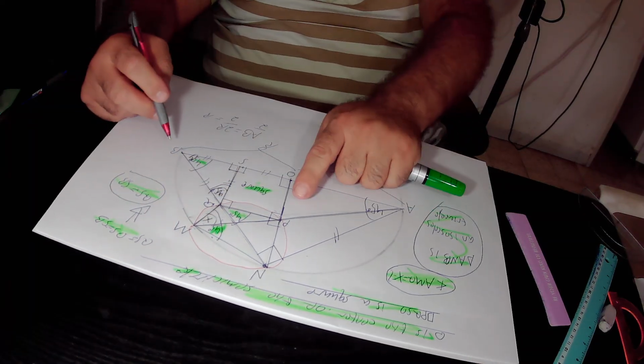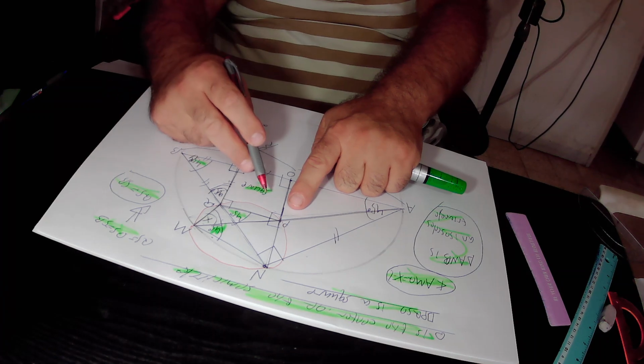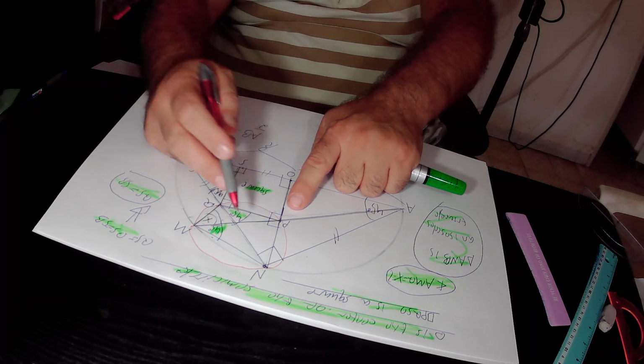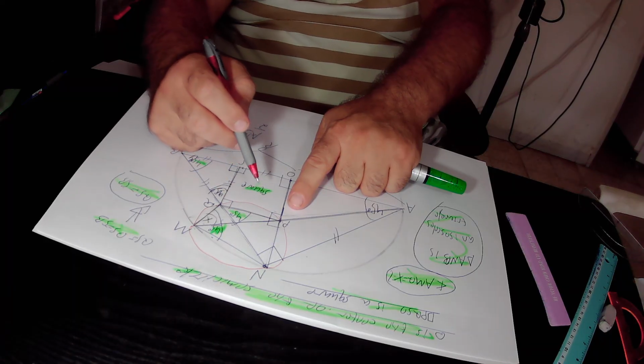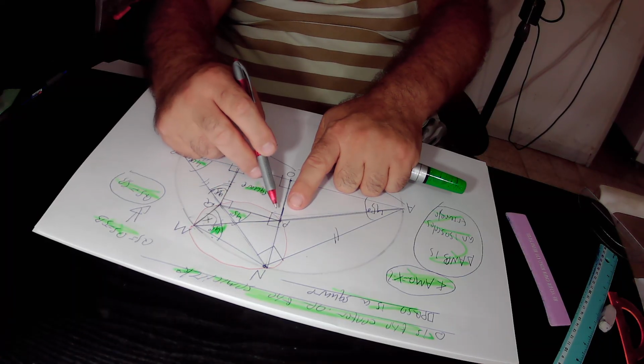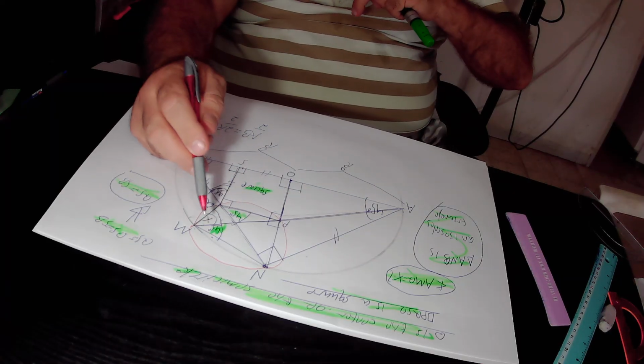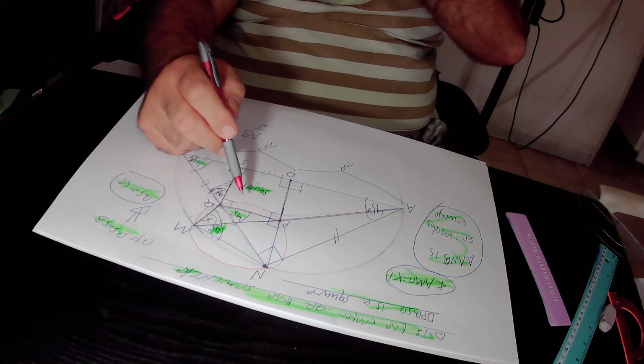You can see that all the four vertices N, Q, M, and P touch the circle. So this quadrilateral NMQP is inscribed by this red circle.